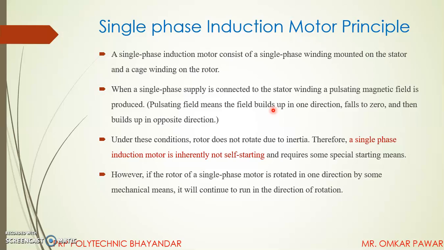The flux created by the alternating current is also alternating or pulsating, so it changes its direction. It builds up the torque in, suppose, the positive half cycle. In the positive half cycle, the torque produced by the single phase supply is, suppose, in the clockwise direction, and after half cycle it changes its direction, so the torque is in the opposite direction.